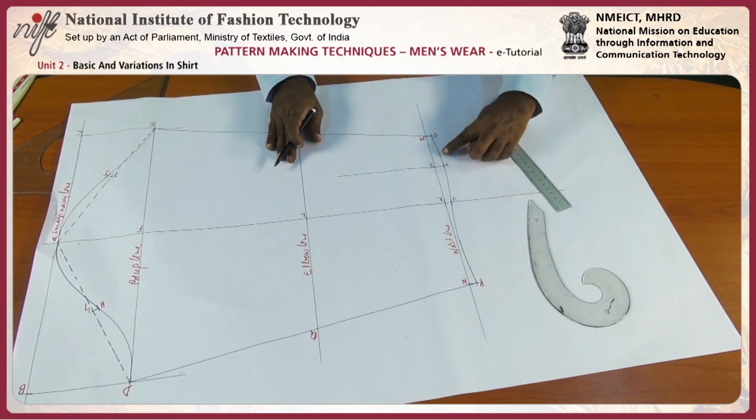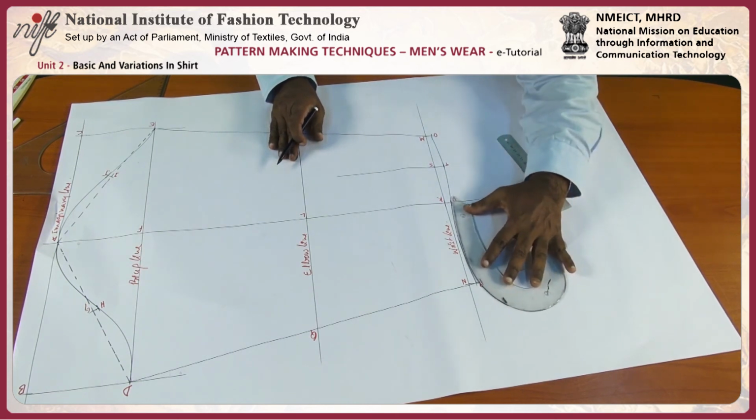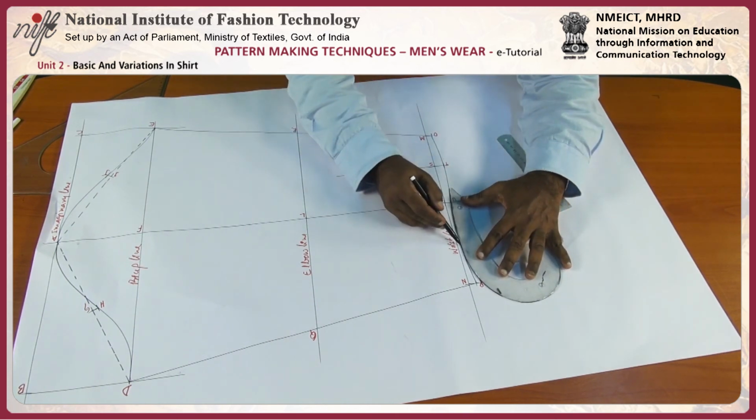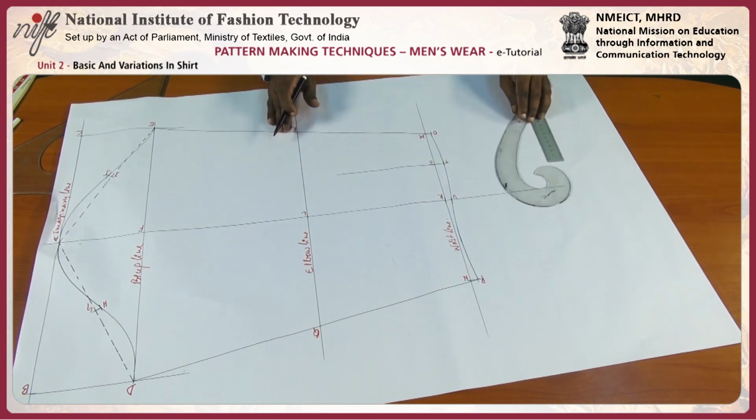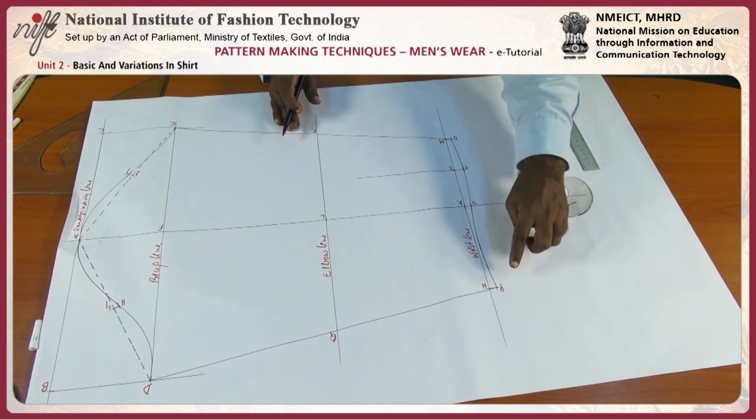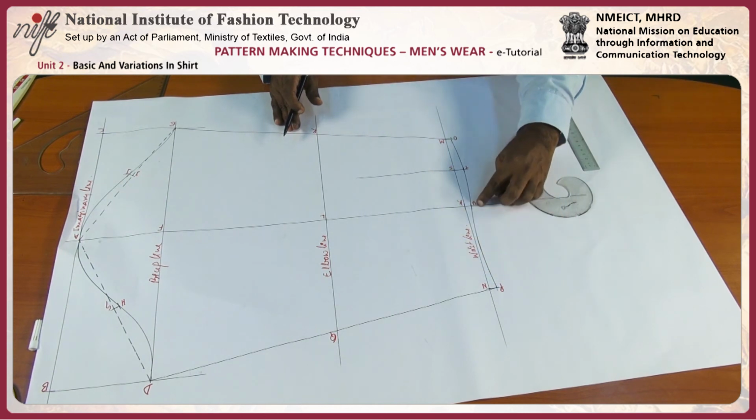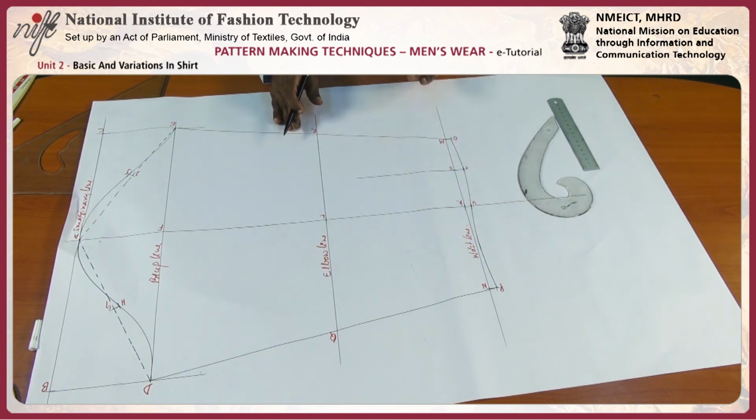See, this should be one continuous curve. PUTO will be the wrist line curve.